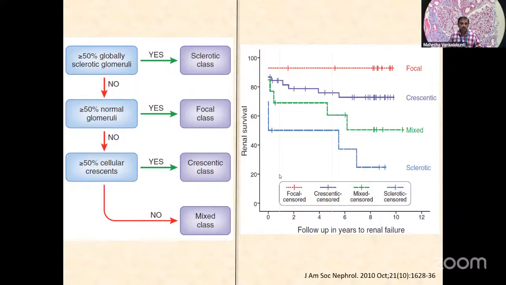I mean, in a sample, for example, if there are 20 glomeruli in a core and more than 10 glomeruli are normal, then it is grouped as focal. And if there are more than 10 glomeruli which have a crescent, be it partial or circumferential, then it is grouped as crescentic class. And if there is a mix of lesions and no majority in any of these groups, then it is called the mixed class.